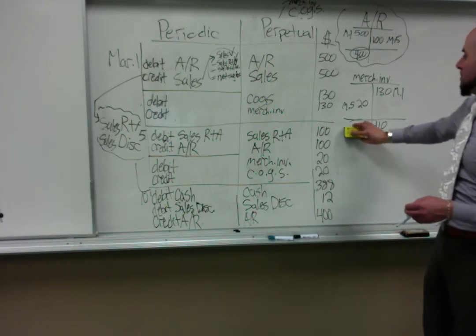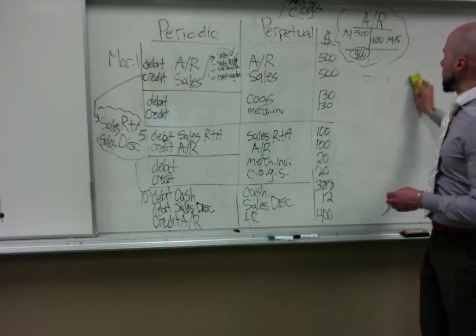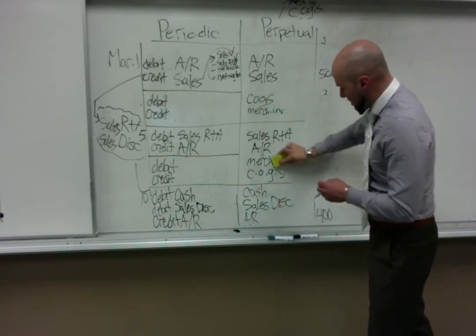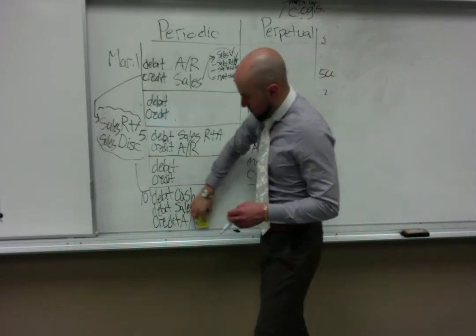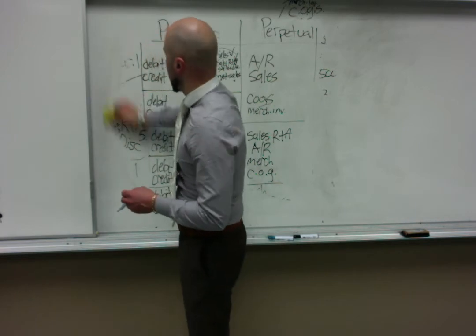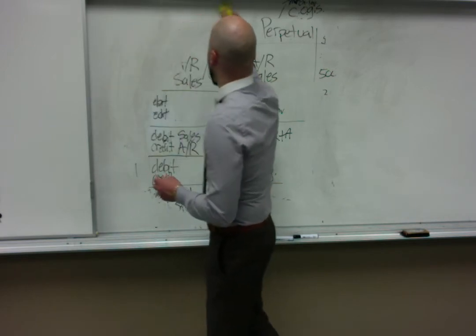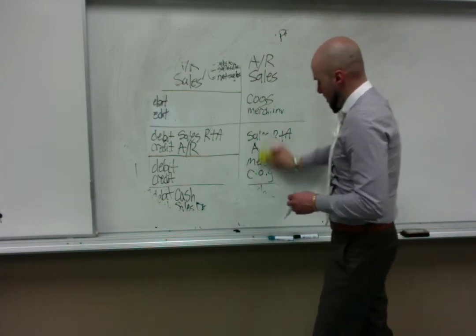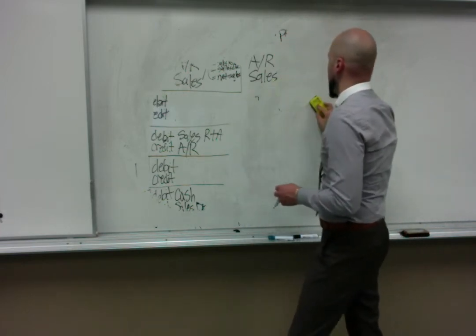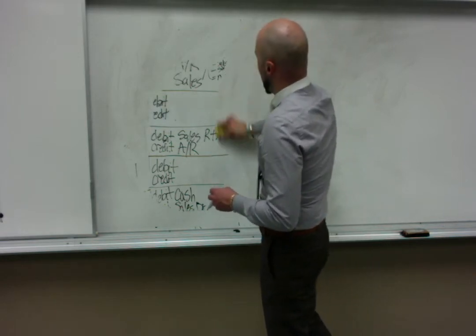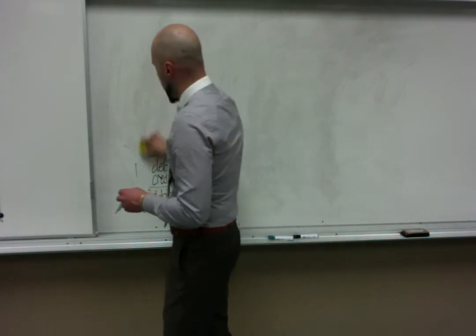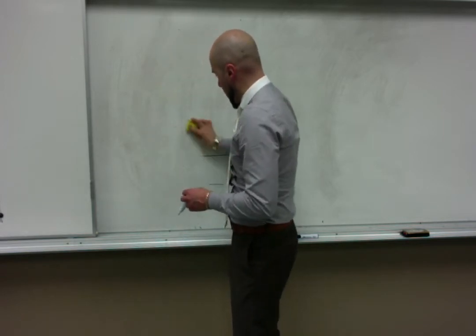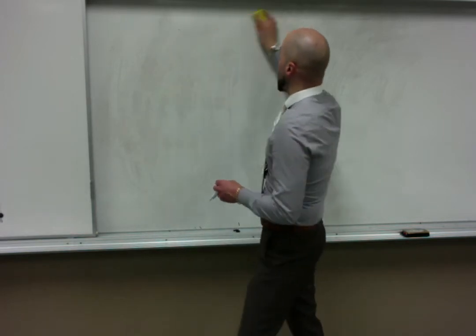And now let's talk about the income statements a little bit, and then we'll get into taxes. Again, focusing on inventory in this chapter only. That one asset account of inventory. That is the focus here.